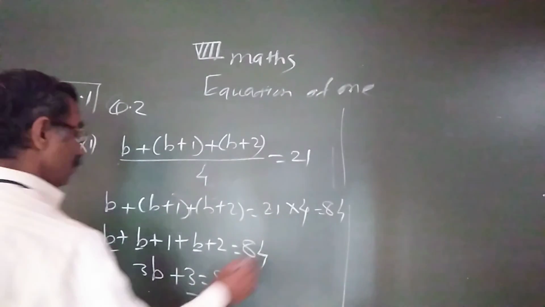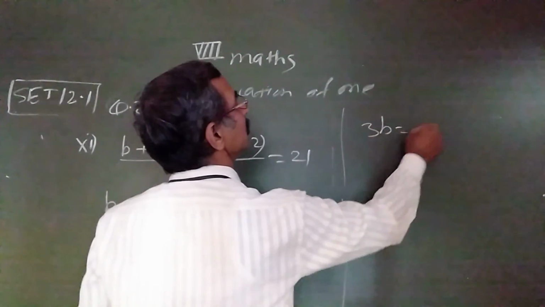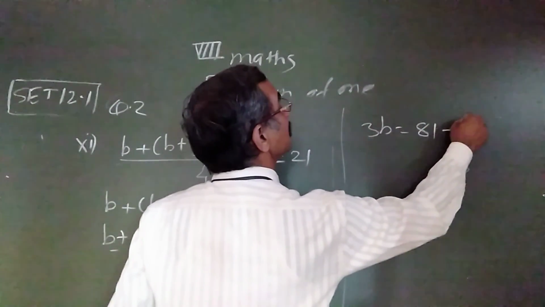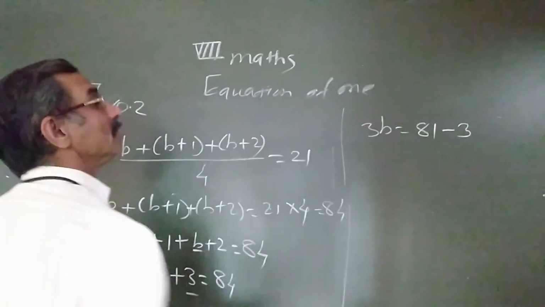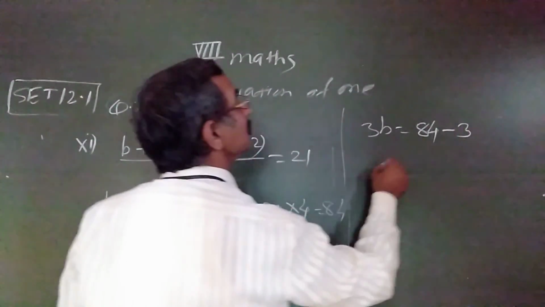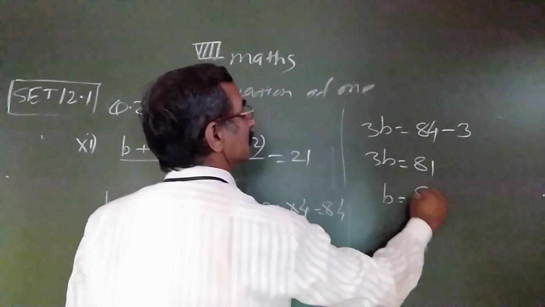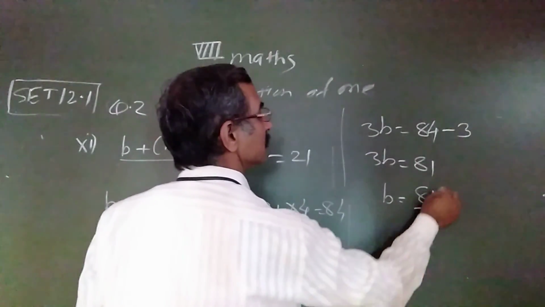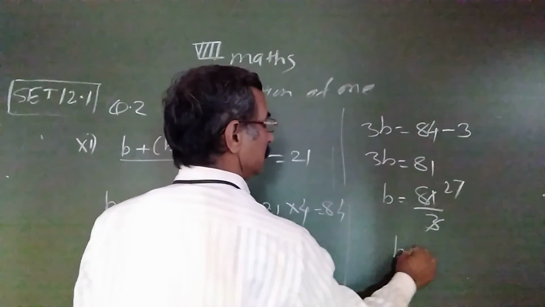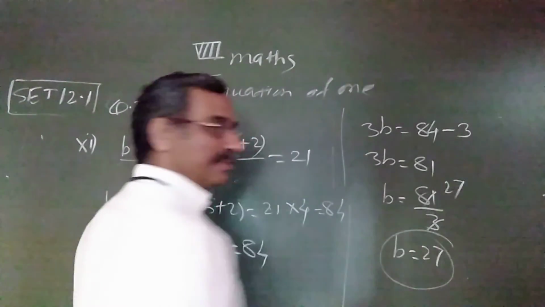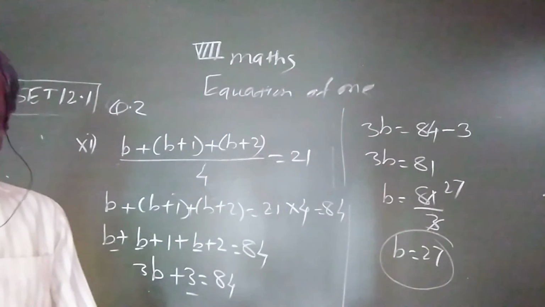Then this 3 goes to that side, it will get subtracted from the 84. Then 3b is equal to 81. Then this 3 gets divided, so the division gives 27. So we will get the value of b is equal to 27.